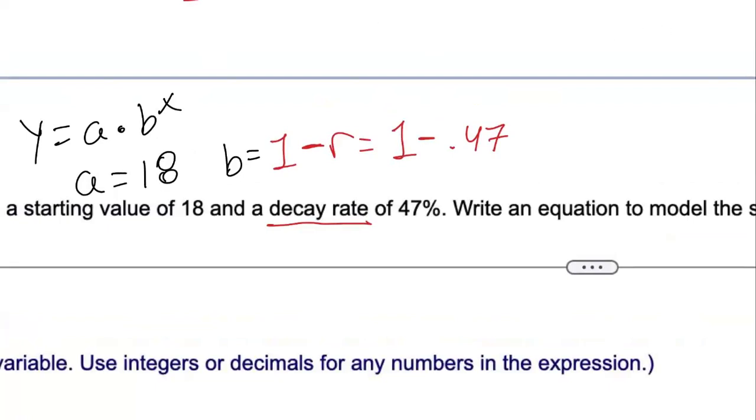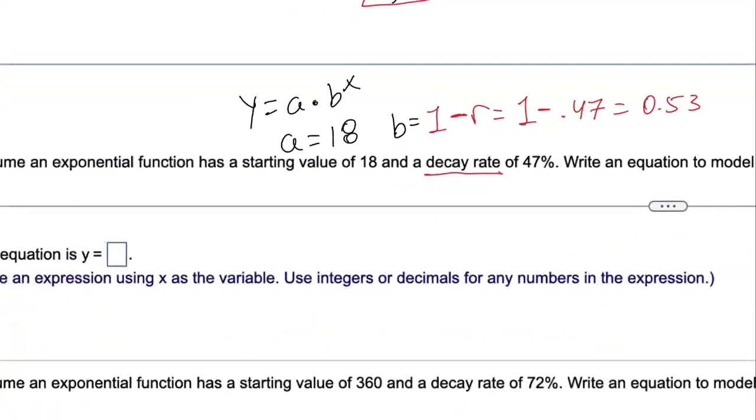So my B is in fact 0.53. So when I put it all together, my equation is 18 times 0.53 to the power of x. And that would be my answer.